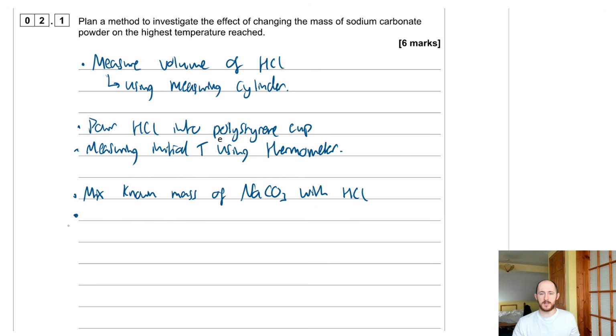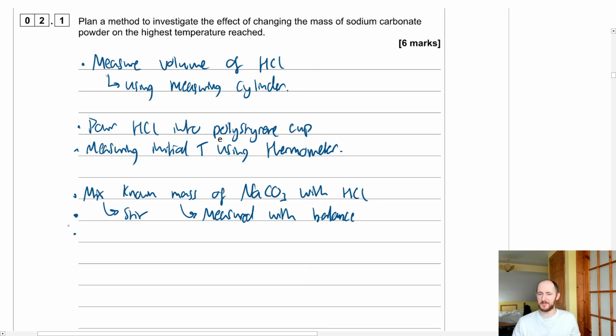It would be a good idea to stir. So when it says mix, it's a good idea to say to stir it as well, because that can impact your results. Also, known mass measured with balance. By the way, the way I'm writing it now, with the arrows coming off, that's completely fine as well.